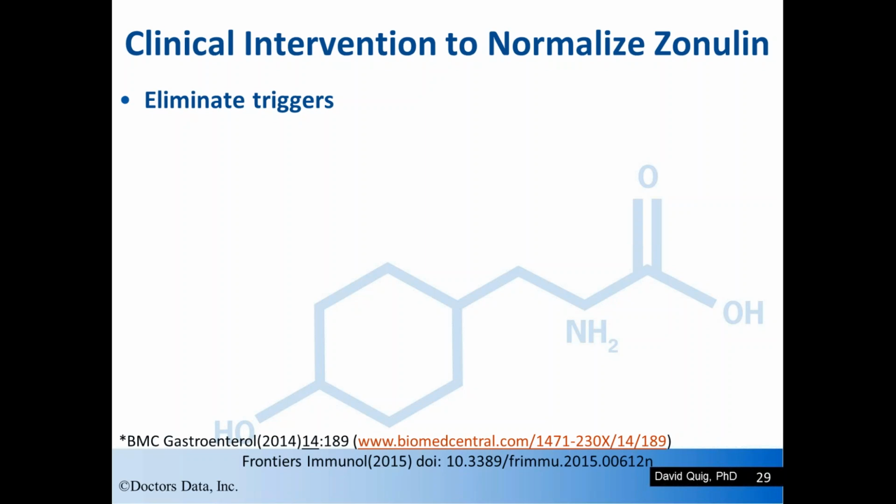So, clinical intervention to normalize zonulin. Sorry folks, it's like any other environmental issue. We have to eliminate the triggers, and unfortunately we don't know what all those triggers are.